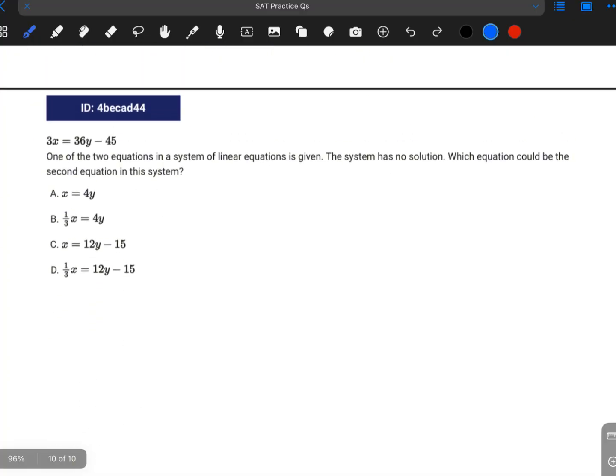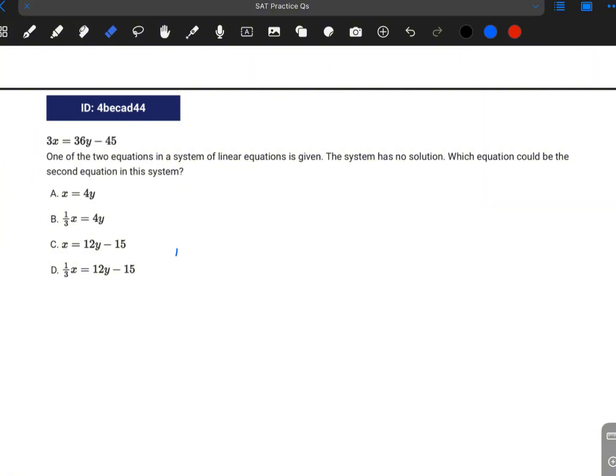So this question is asking, given this equation, which one of these does not have a solution with this? So we could actually do that a little differently by using Desmos. You could plot this line here and then plot every single answer choice, and whichever one of those lines does not have a point of intersection with this line, that means there is not a solution for it.